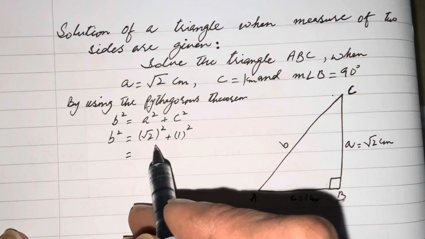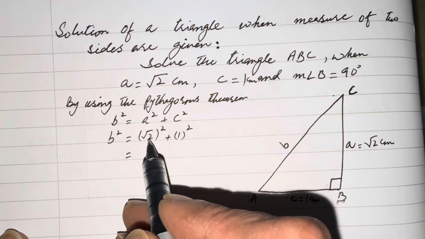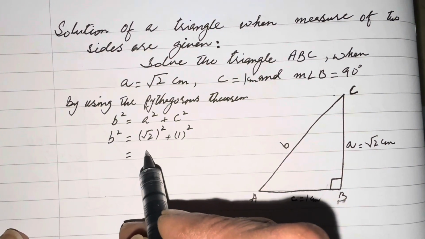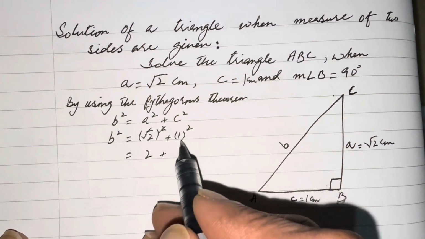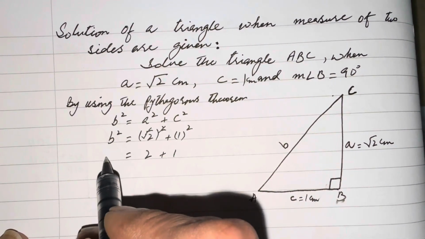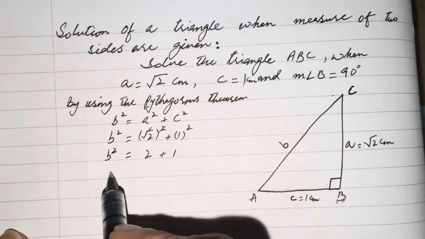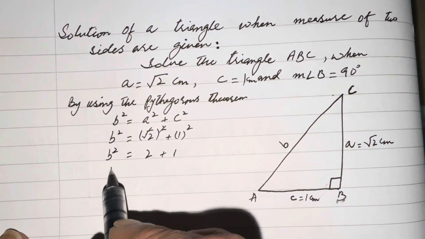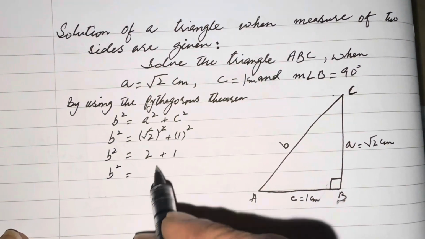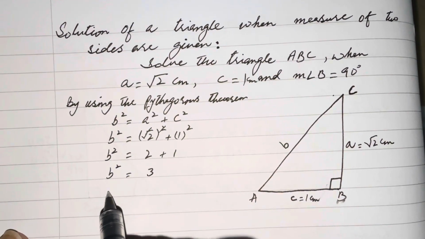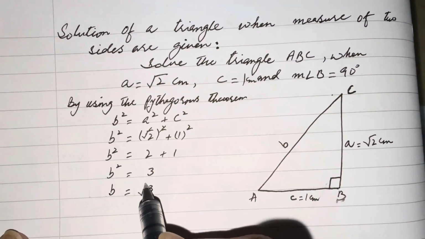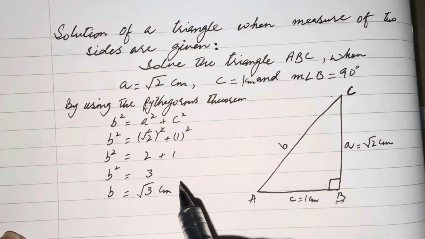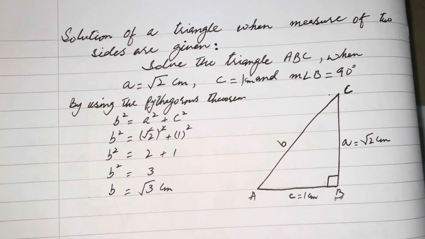Now by simplification, the square of √2 will be equal to 2, because the square cancels the root, plus 1. Square of 1 is equal to 1. So b square will be equal to 3, and b is equal to √3 centimeter.